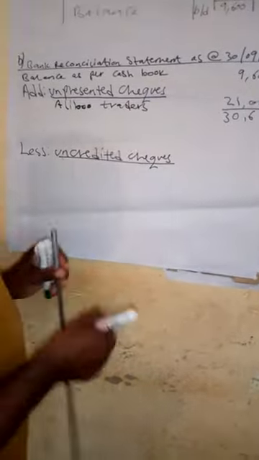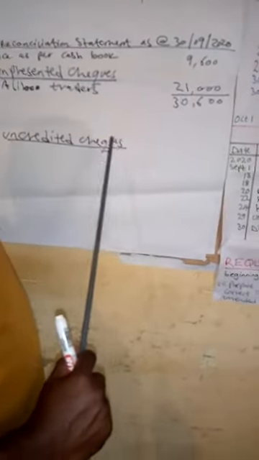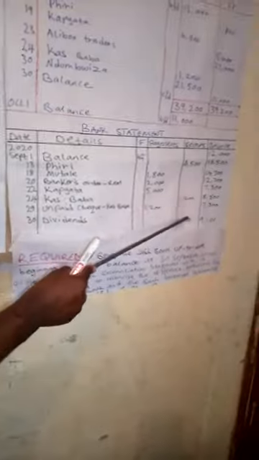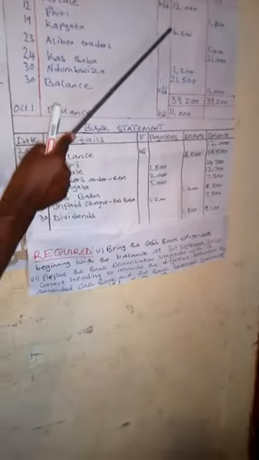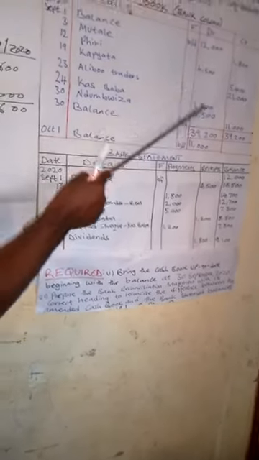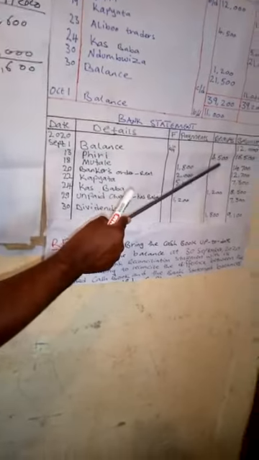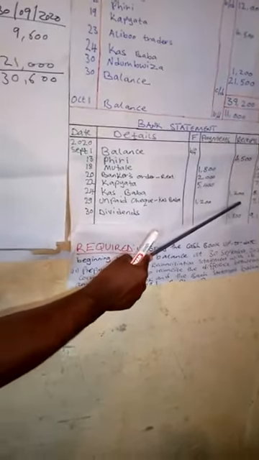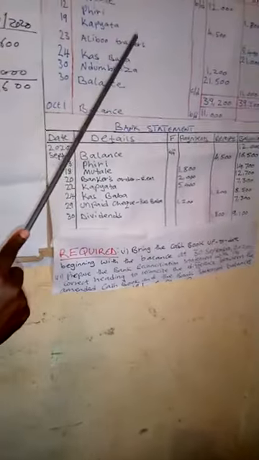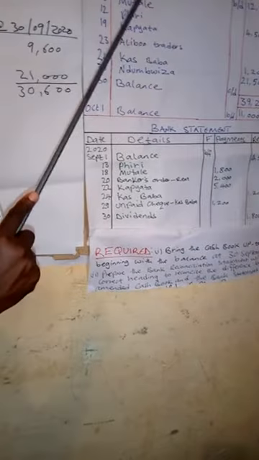For uncredited checks, these are checks that we received from our debtors. So they are expected to be on the debit side of the cash book and appear on the credit side of the bank statement. Any amount appearing on the debit side of the cash book and missing on the credit side of the bank statement qualifies to be an uncredited check.